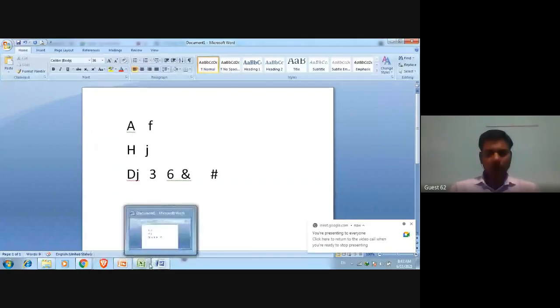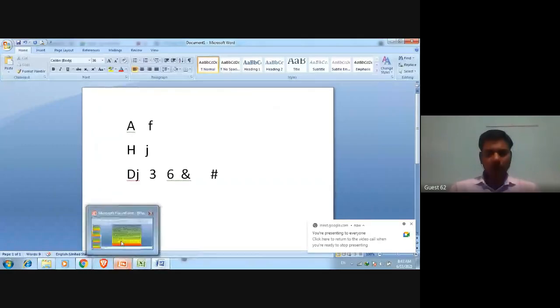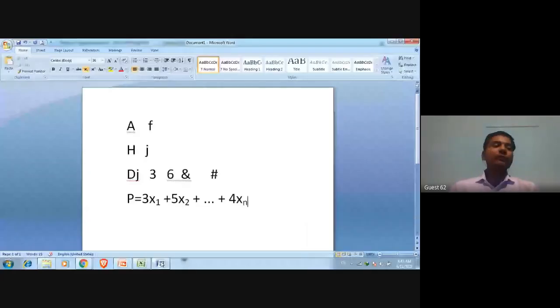I'm writing down P equal to, or sometimes we will also write it as Z. According to your convenience, you can write anything.